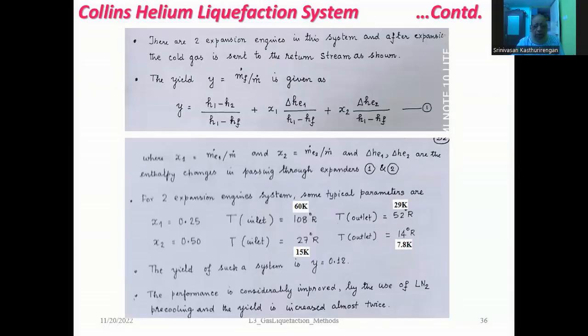So we can first see that there are two expansion engines in the system, and after expansion, the cold gas is sent to the return stream as shown in the figure.